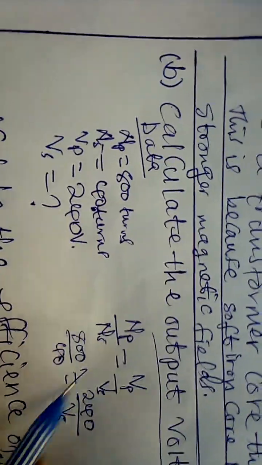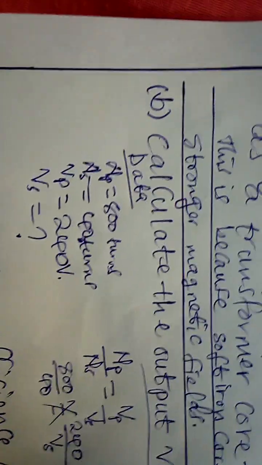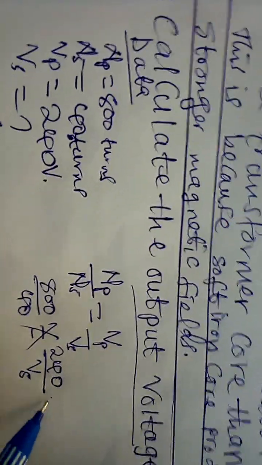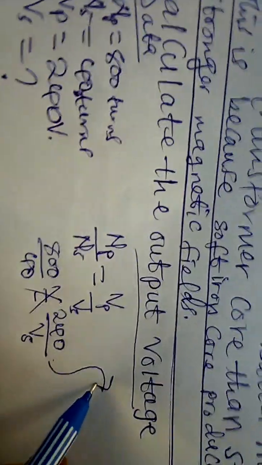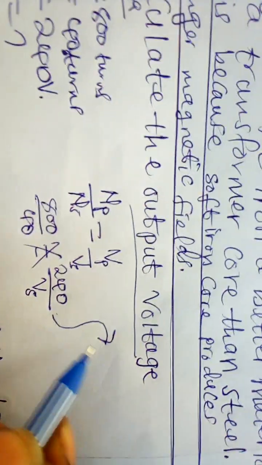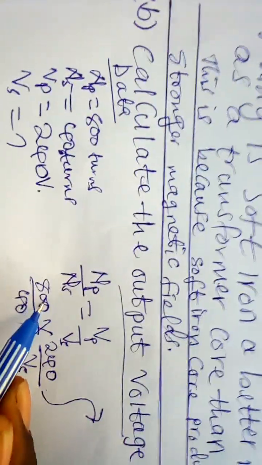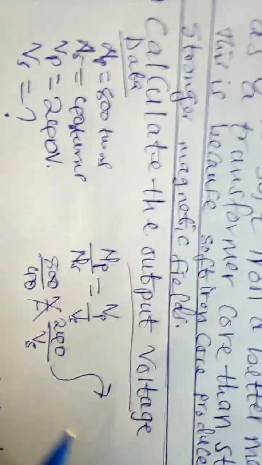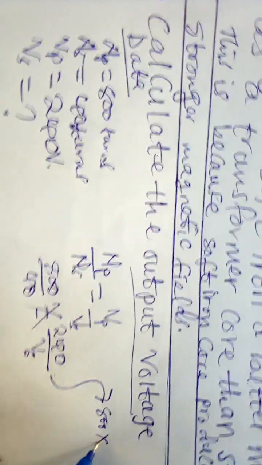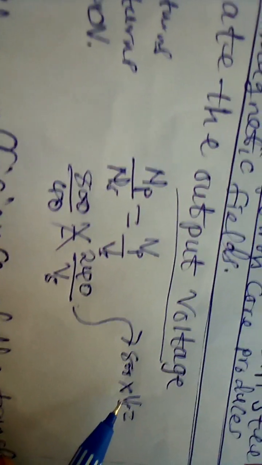At this point we are going to cross multiply. So we are going to say 800 times Vs is equal to 240 times 40.